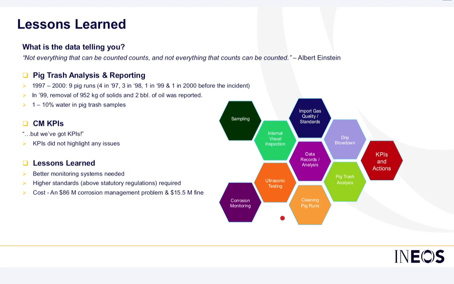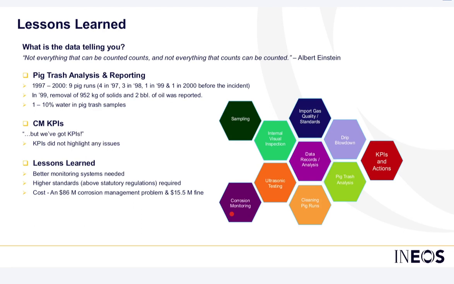Although they collected data and ran some cleaning pigs, they didn't look at the data correctly. They didn't do any sampling or microbiological analysis to understand what was within the mix, and there was no corrosion monitoring that occurred.